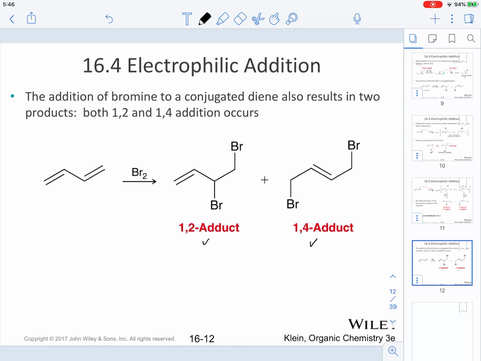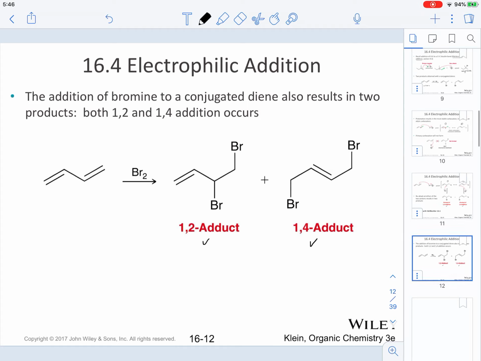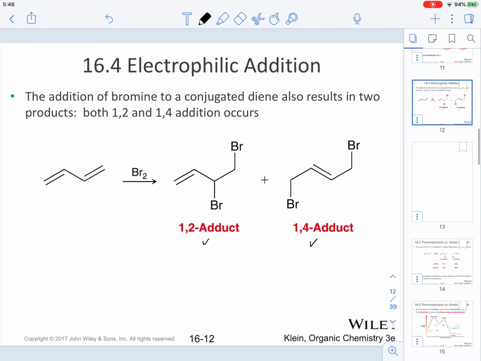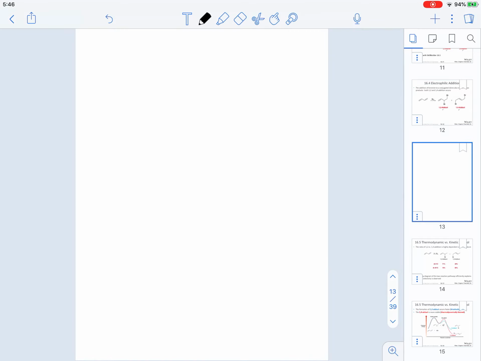Okay, to understand a different example for that 1,2 and that 1,4 addition, I'm going to take one of the examples from the textbook. Let's say that we have to predict the product of the following reaction.